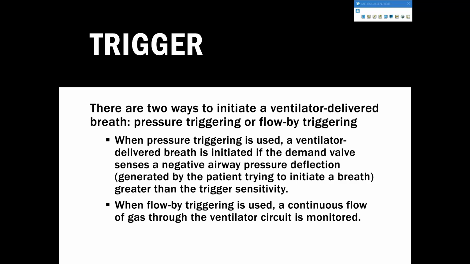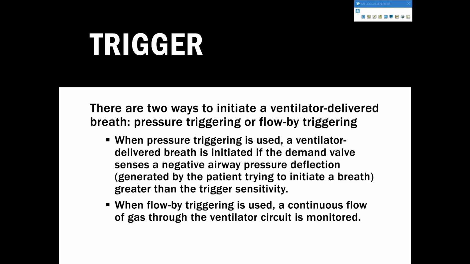So most of the time, our patients are on flow trigger, and that's fine. That's usually our typical patient that tends to be a little older, and we want to make it as easy as possible for them to trigger that breath. However, there are some times when we definitely need to switch to pressure trigger.